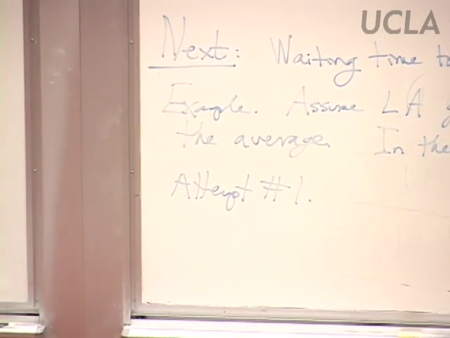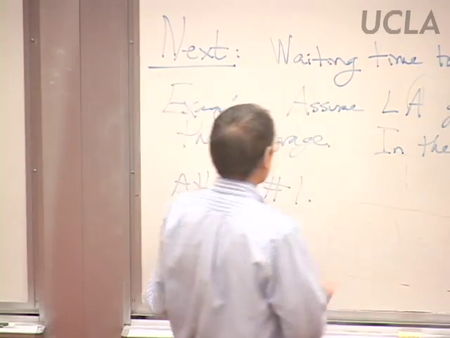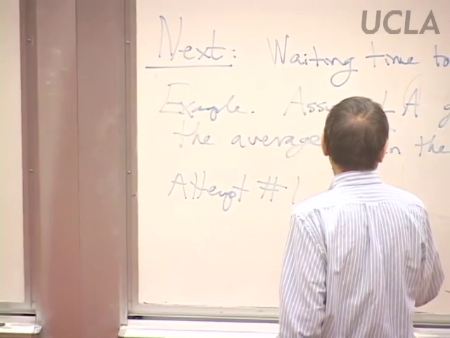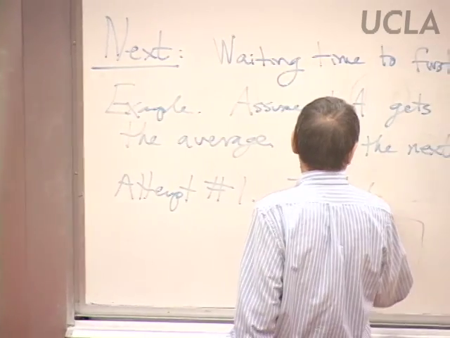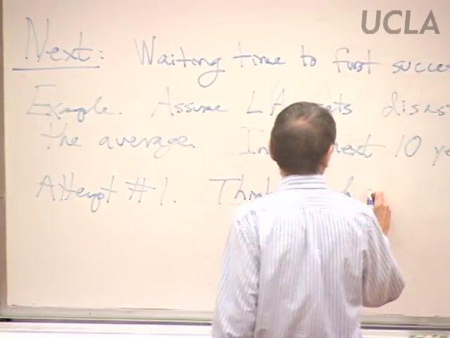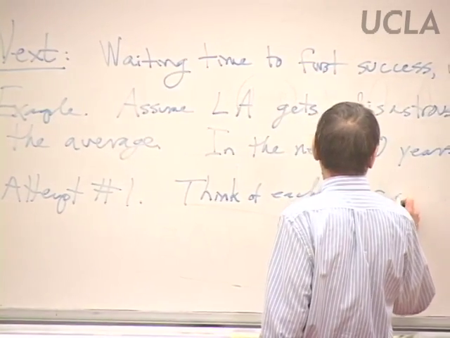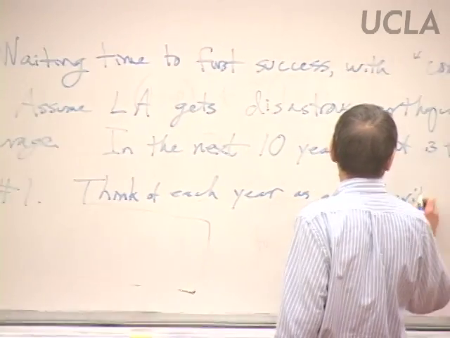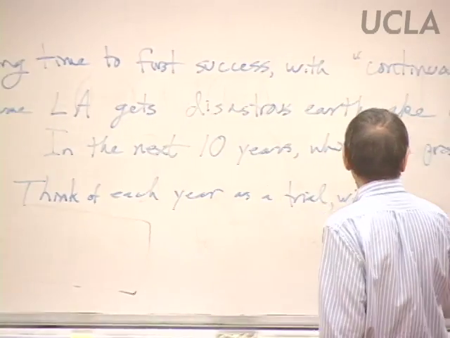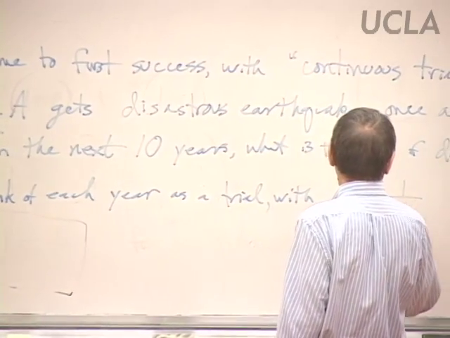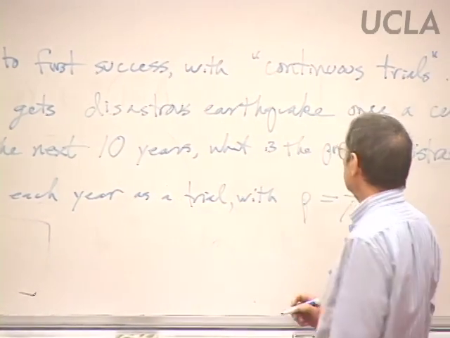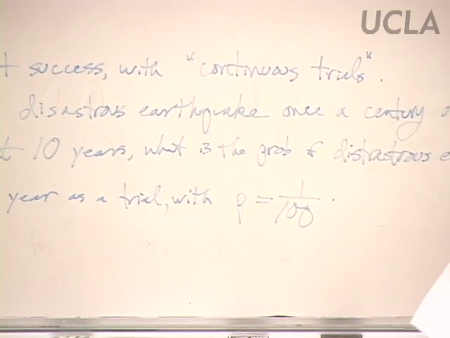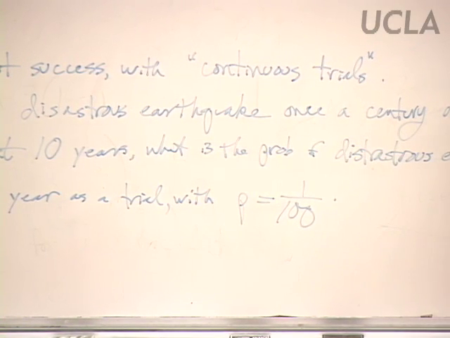We could think of each year as a trial with success probability of 1 over 100, because these earthquakes hit on the long-term average once a century.